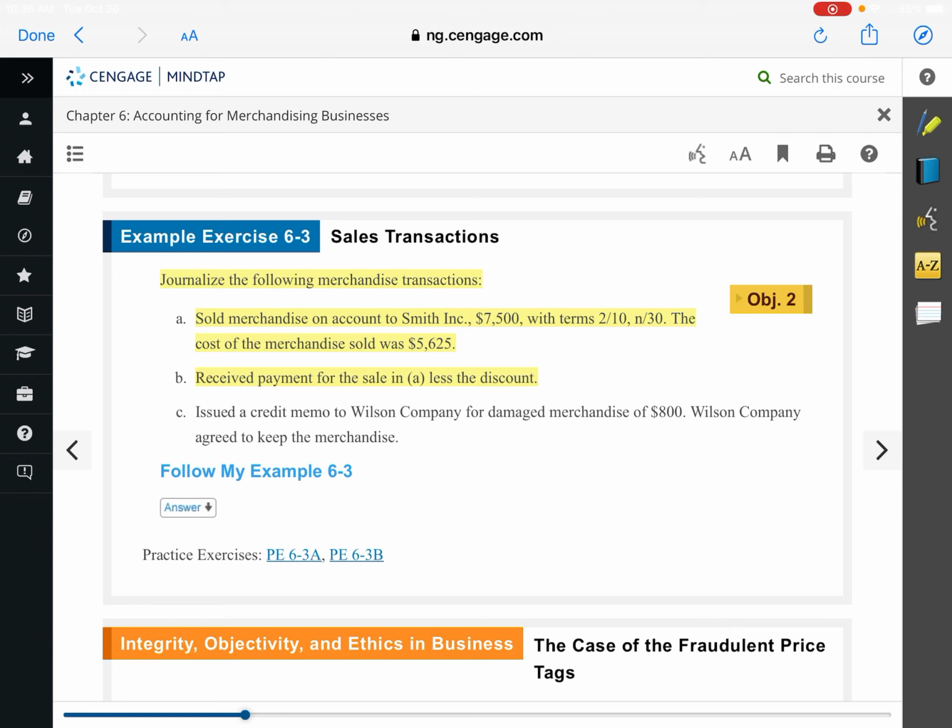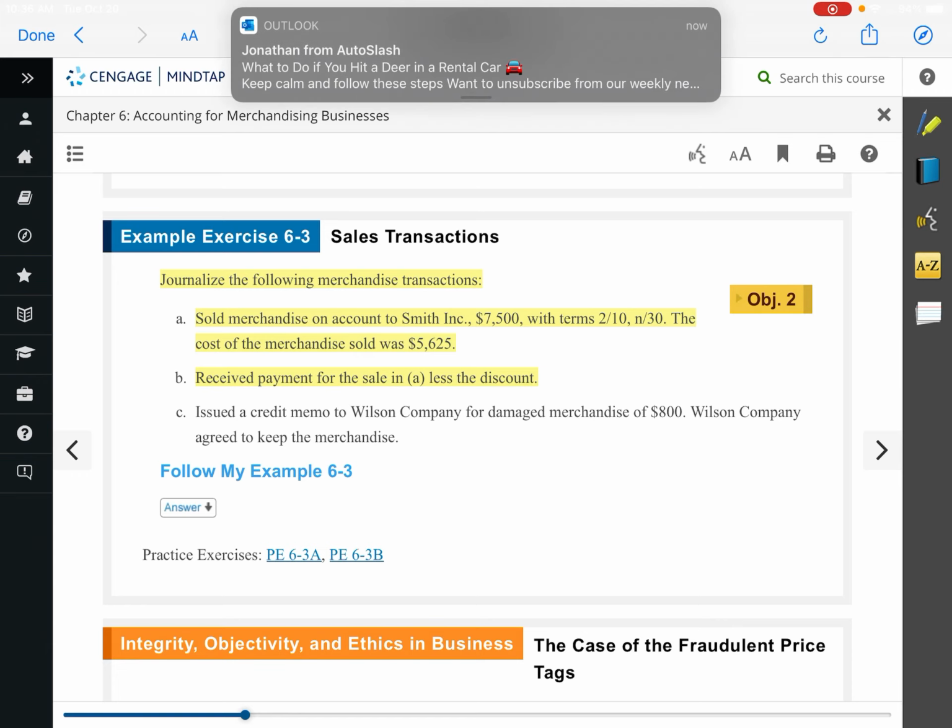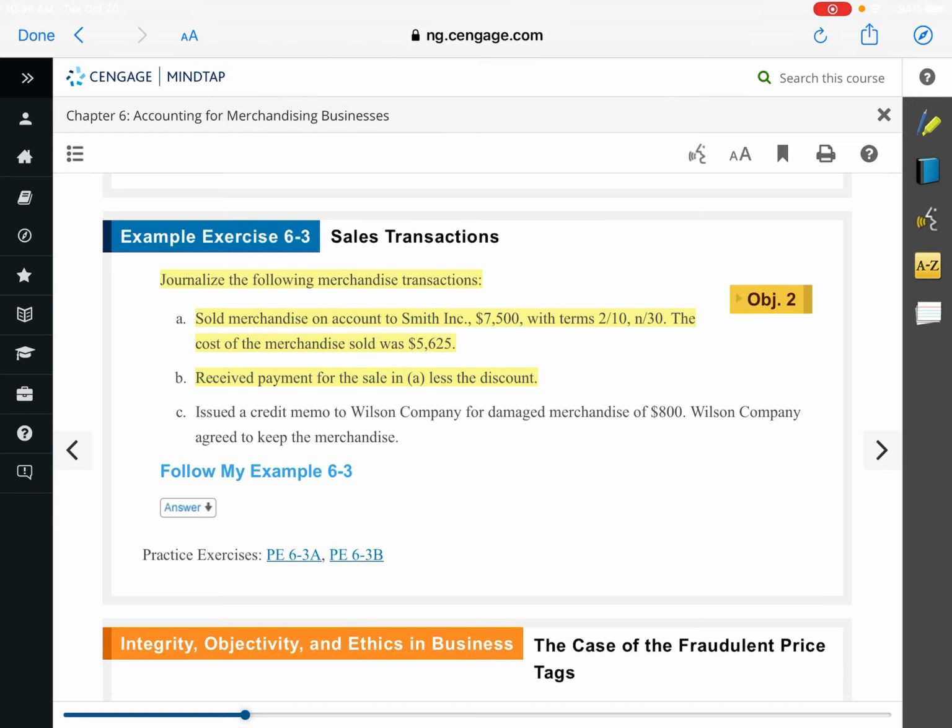That's the amount of the sale that we recorded. They will always give us the cost of the merchandise sold. They're not going to ask you to figure that out. It'd be way too detailed and way too complicated. So the cost of the merchandise sold is $5,625.